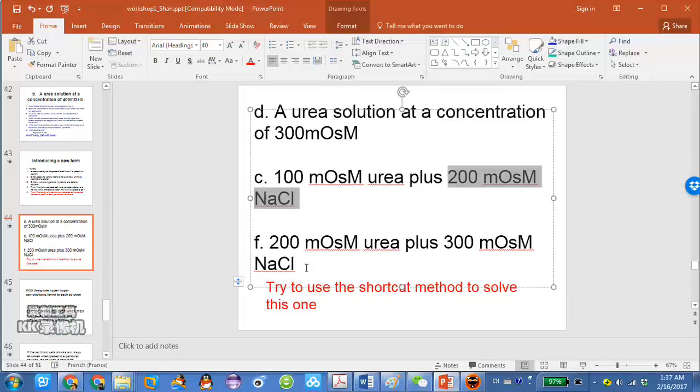Very similar, we have scenario F. You can ignore urea, since urea will have the same concentration at the end. So it's like when we have a 300 milliosmolar salt-containing cell, and we put that into an outside solution of 300 milliosmolar NaCl solution. There will be no net water movement. The cell will stay the same.